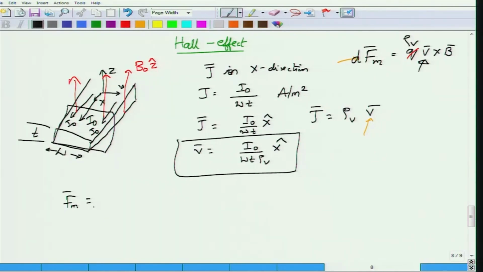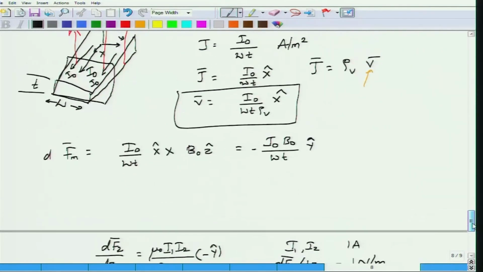So the differential magnetic force that the charge distribution experiences is given by I0 divided by Wt. Rho V cancels out because rho V is in the denominator and rho V is in the numerator. So I have X hat cross B0 Z hat gives me I0 B0 divided by Wt, okay, and X cross Z will be along minus Y direction.